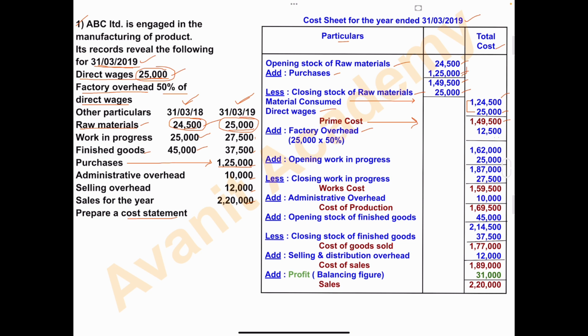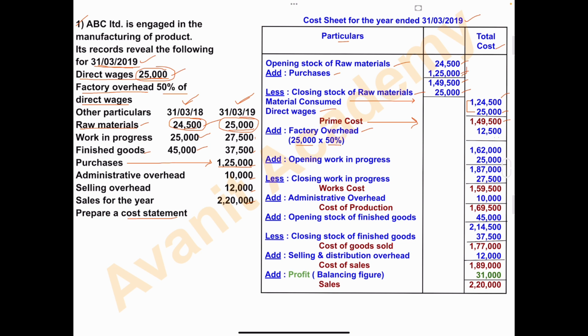Write in bracket 25,000 into 50%, because in the problem they have clearly mentioned that factory overhead should be 50% of direct wages, and the direct wages amount is 25,000. So in bracket mention 25,000 into 50%.